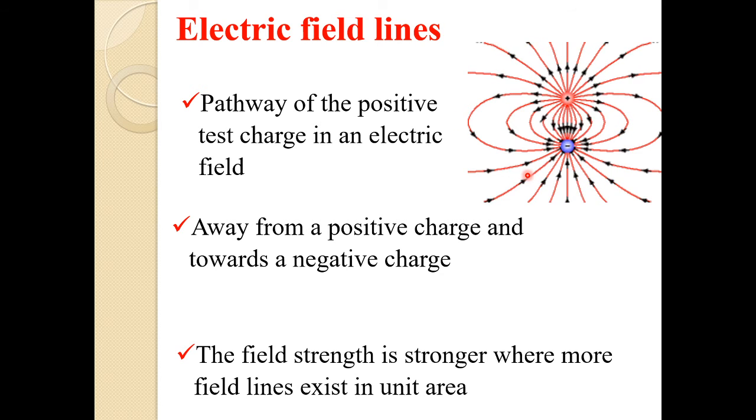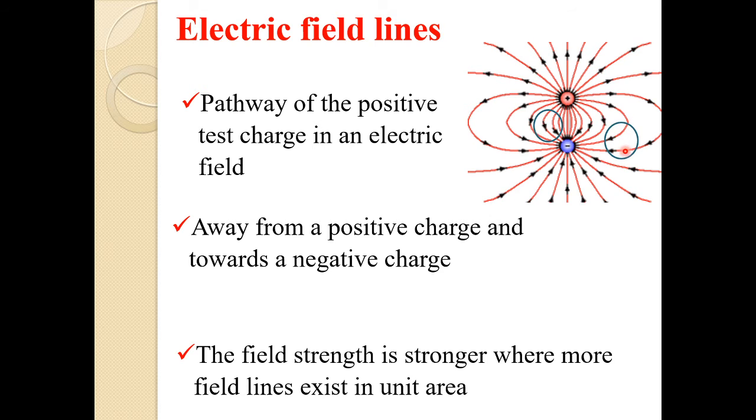And the strength of the field, or how strong the field is, we can also get an idea from the field lines. Now if you consider an area here and another area there, what is the difference of these two enclosed areas?